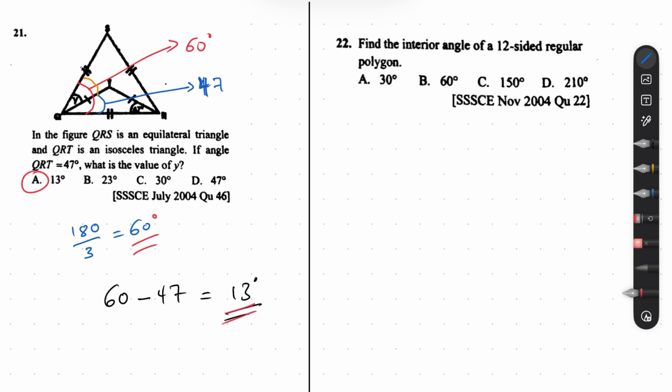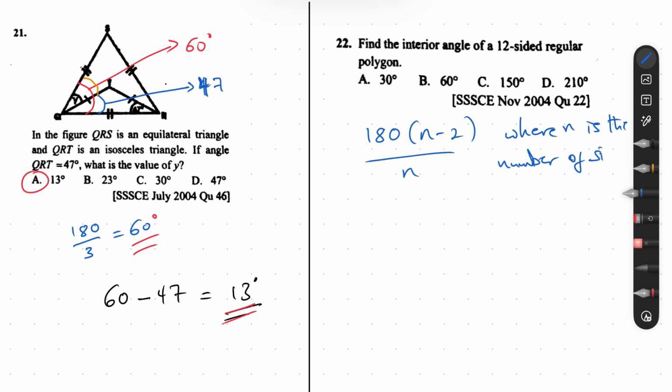Let's move on to question number 22. It says, find the interior angle of a 12-sided regular polygon. What is the formula for finding the interior angle? This is the formula: 180 times (n minus 2) over n, where n is the number of sides. Since we are told to find the interior angle of a 12-sided regular polygon, we know that n is equal to 12.